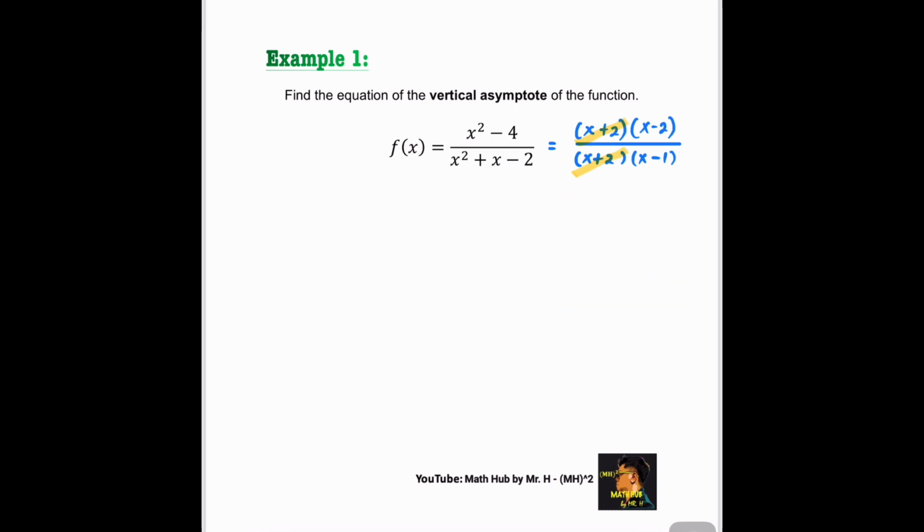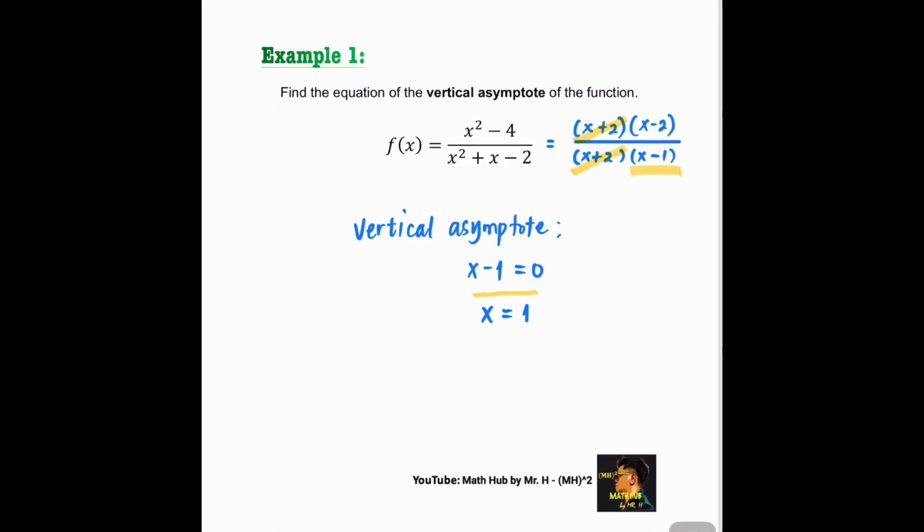What we need to do next is to set the denominator equal to 0, and that will be our vertical asymptote. So we take the denominator, which is x minus 1, equated to 0. Therefore, the vertical asymptote is x equals 1. That's the equation of the vertical asymptote.